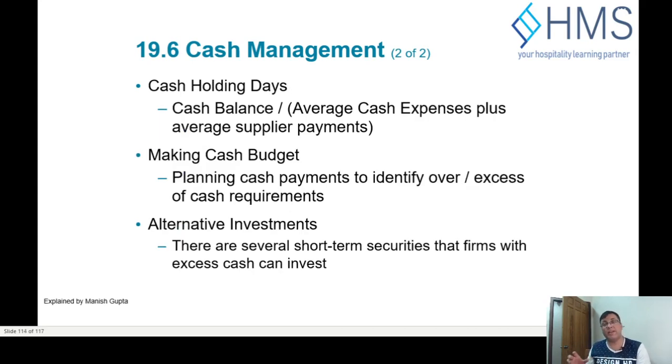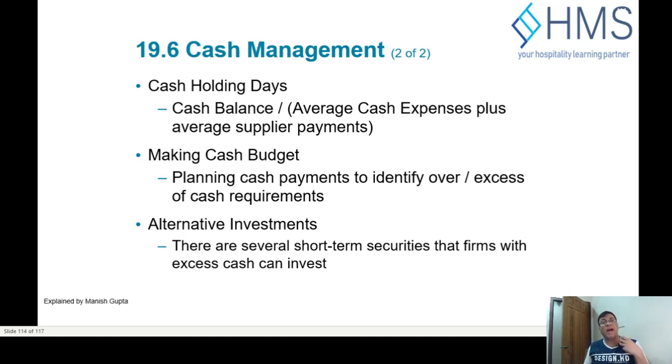So basically, in managing the cash, you have to understand your cash holding days. You get the cash holding days as the cash balance divided by the average cash expenses plus the average supplier payments. You are managing this just like the inventory and just like the receivables.